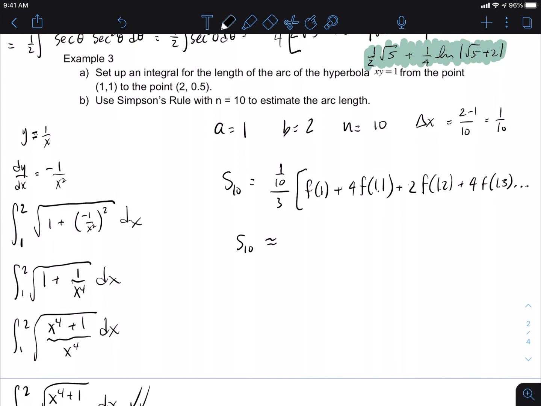All right, that's important. And then your answer ends up being 1.1321. But it's the process behind it that matters, okay? Can you set up an arc length integral? And then the other is, do you remember your Simpson's rule to be able to do it that way?